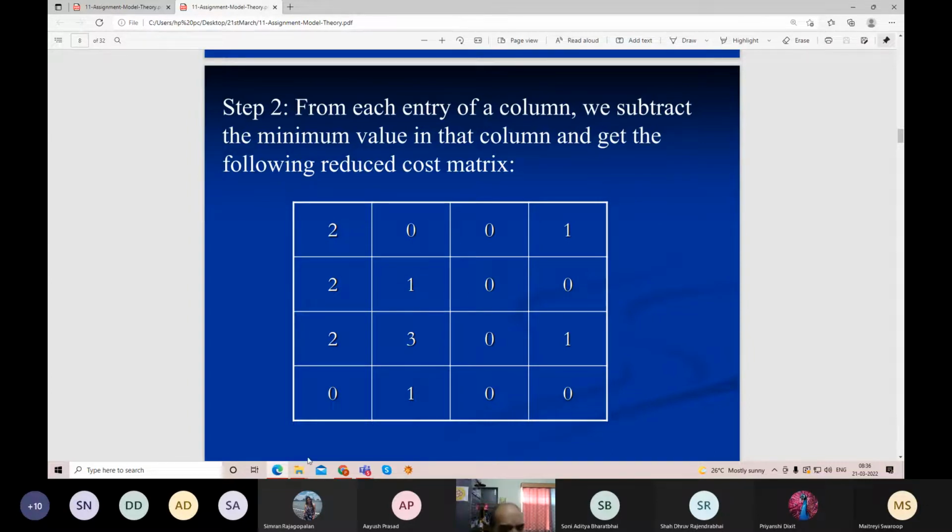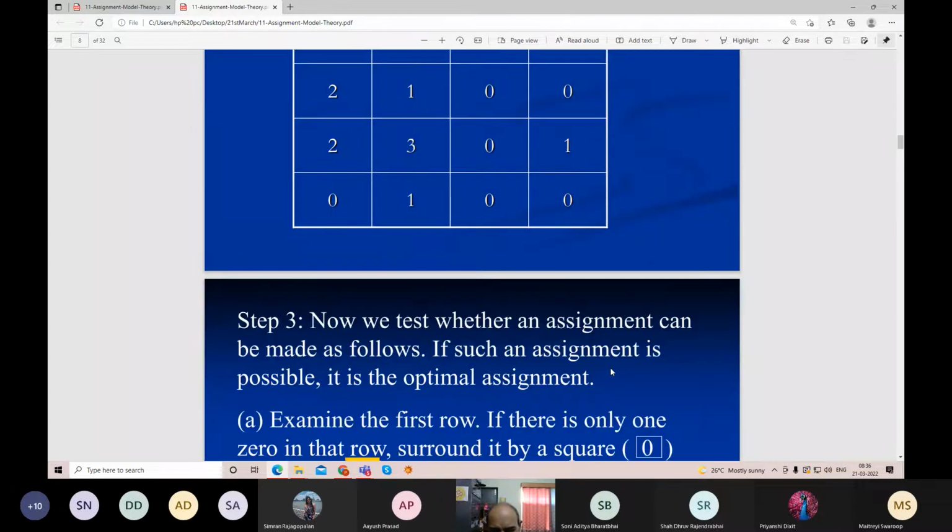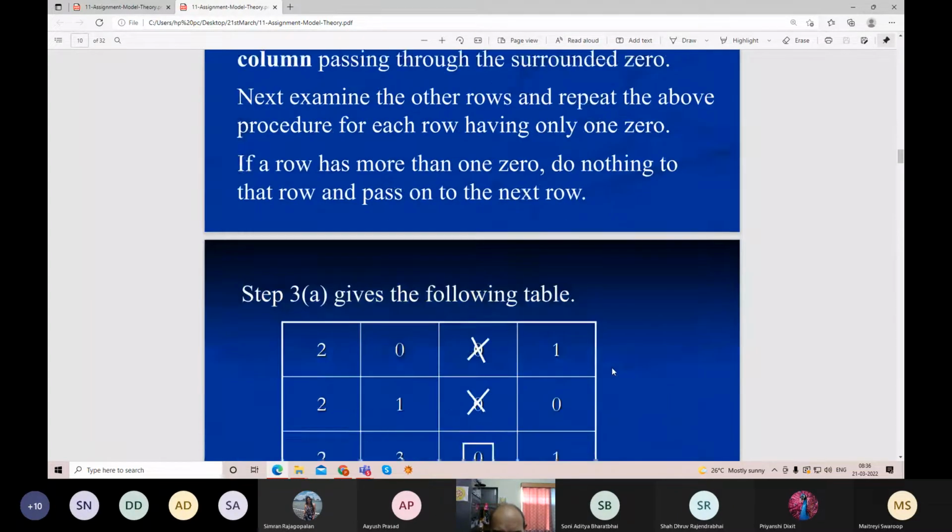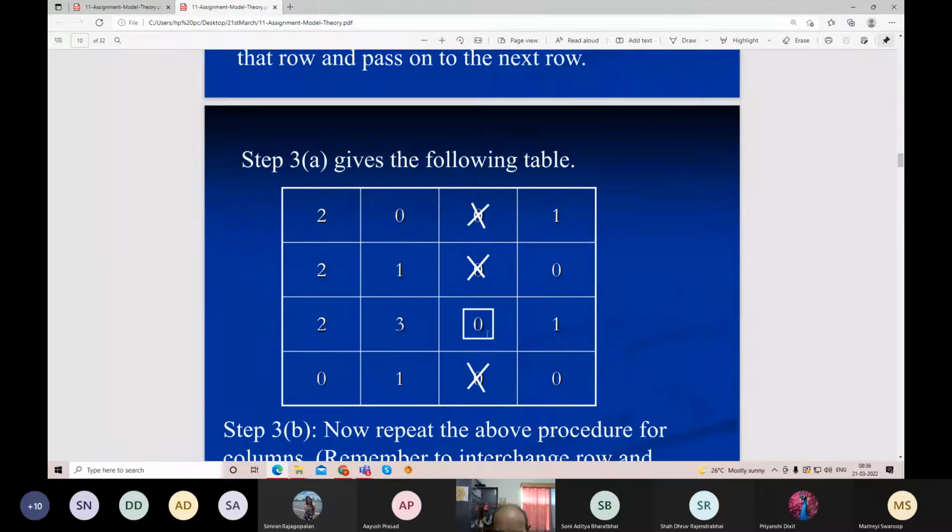We are selecting row number 3, which has only 1 zero. That 0 we are assigning with a square. Okay. And once you assign that 0, all the zeros in the same column we must cross. Same thing we are doing here. We are assigning this, and all the other zeros we cross.